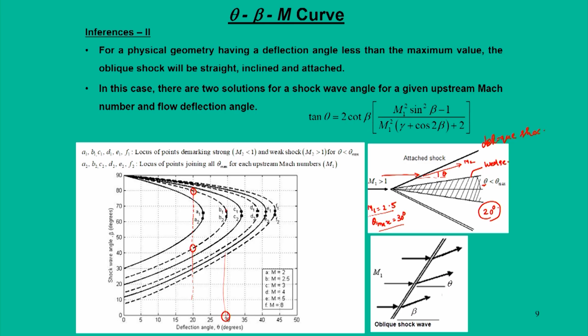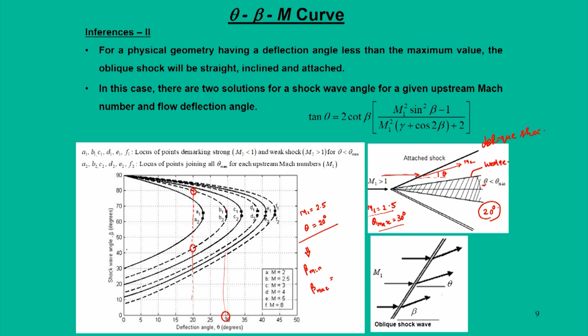Okay. So, one angle, that is for theta is equal to 20 degree, M1 is equal to 2.5. So, this will give beta minimum and beta maximum value.